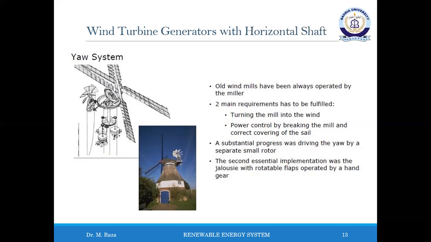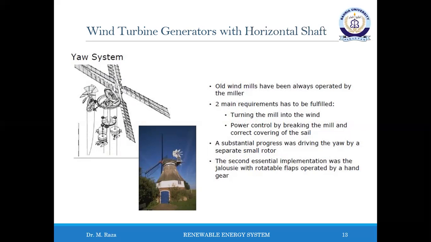Then, to reef the sail completely, the miller had to brake the rotor as fast as possible using a wooden brake acting on the wooden gear wheel. Due to excessive friction heat, many windmills burned down because the miller had started braking the rotor too late.